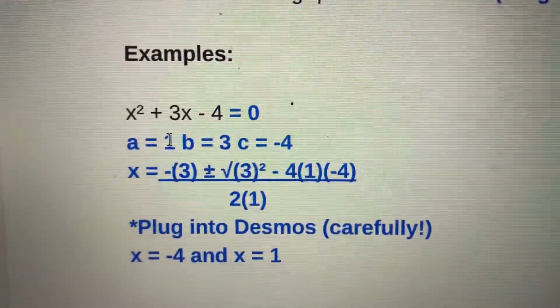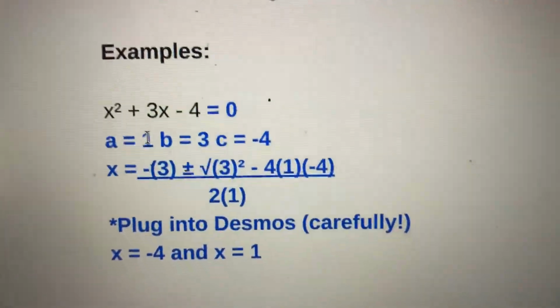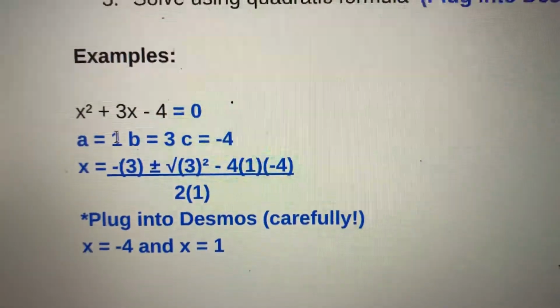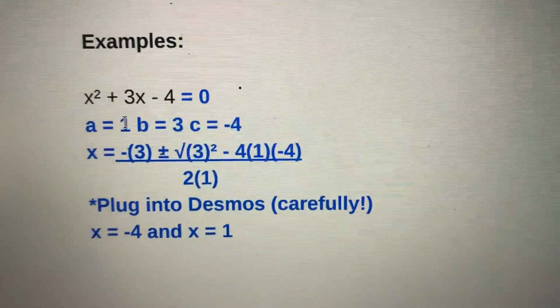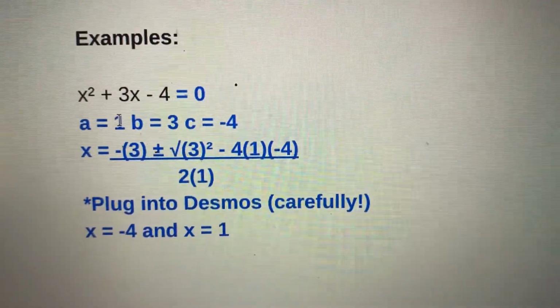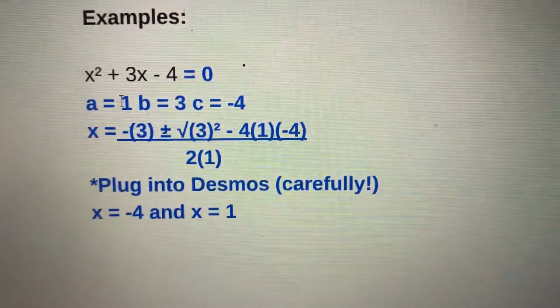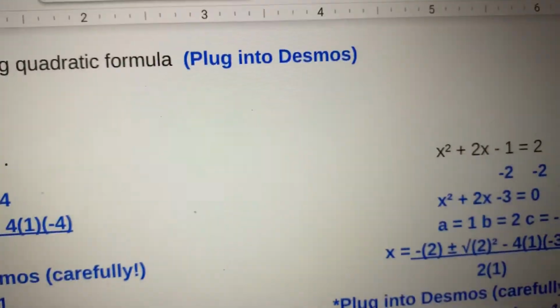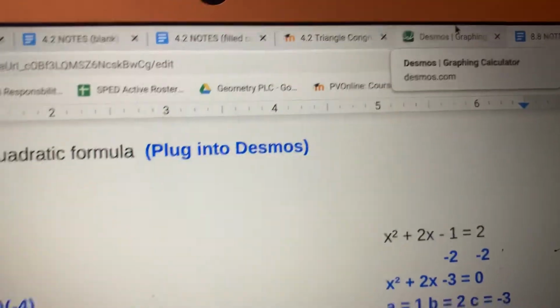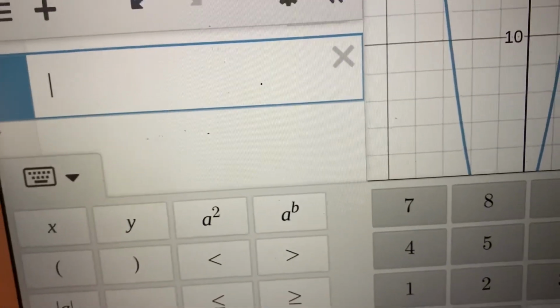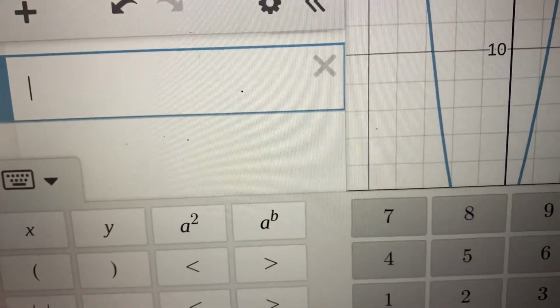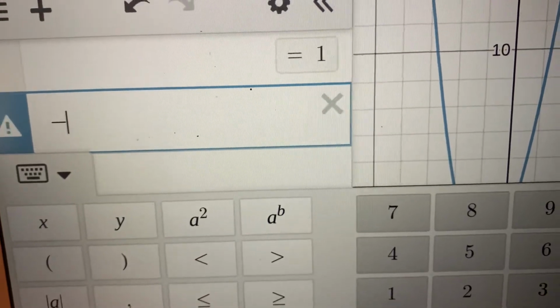Now we need to plug it into Desmos, and notice it says plug into Desmos carefully. So you have to really be careful with the parentheses. I'm also going to show you a couple of other little details we need to do for Desmos. So if we go to Desmos, and this is a little hard to do one-handed, we're going to start with negative 3 in parentheses.